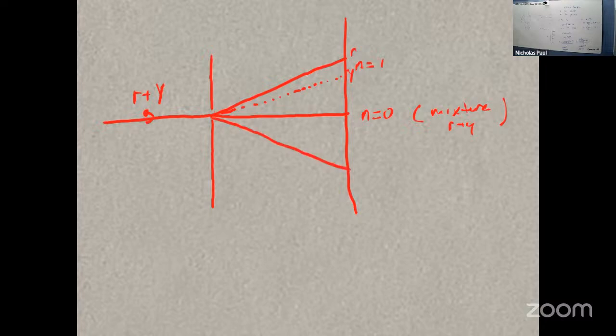You have your red and your yellow. That's order one. And then at order two, same principle, but the angle is bigger. As the orders get bigger, they start to join at some point here.